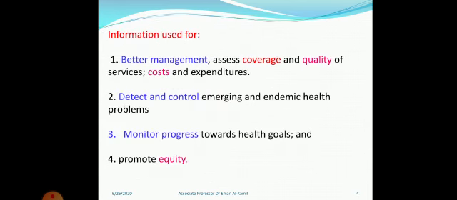So the information is used for the following, as we mentioned, in summary: they are important for better management, assessing coverage, and the quality of the service, the cost and the expenditure of the healthcare services, and to detect and control emerging and endemic health problems.